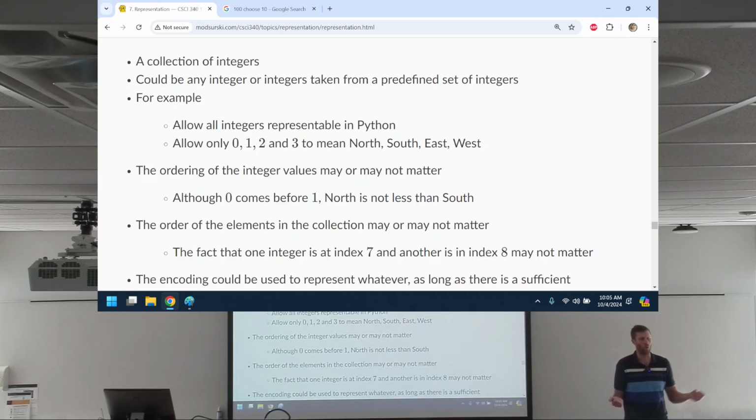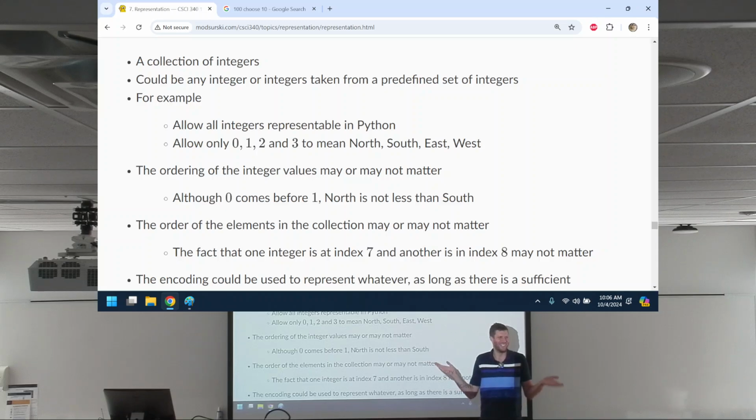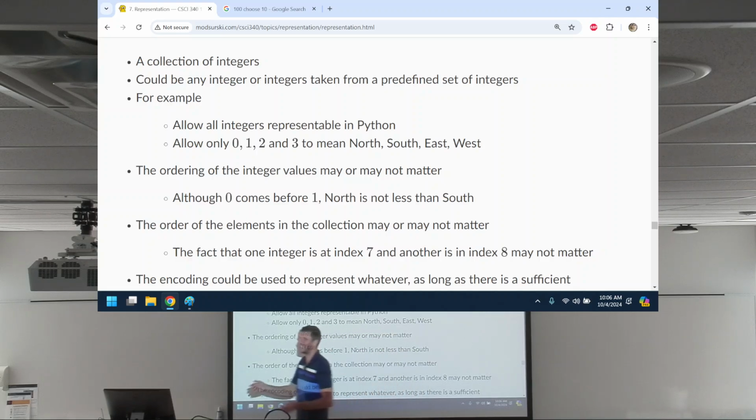You might say if you order them based on wavelength, fine, but you just defined an ordering. Integers in and of themselves have an intrinsic ordering. If I ask you what comes first, my shoe or my hat? Well, what's the ordering? There's no obvious ordering. What comes first, north or south? North? We don't know. It's arbitrary. So although integers have an intrinsic ordering, we have to be careful.